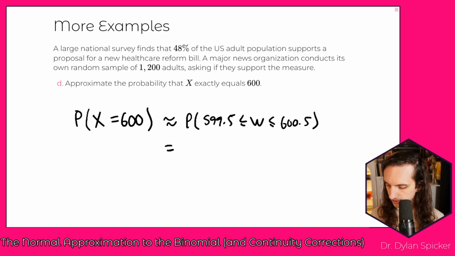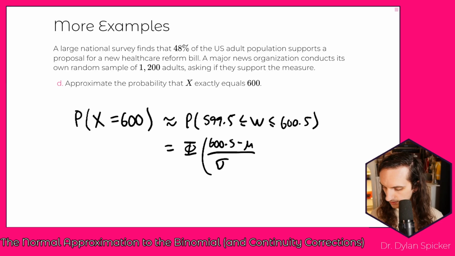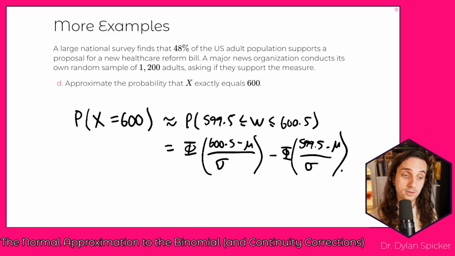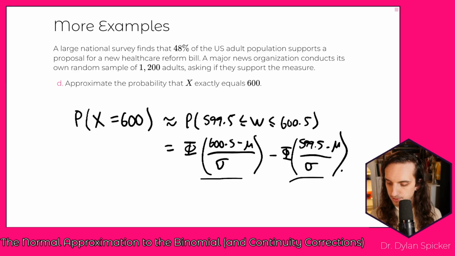Okay, and if you want to calculate this using W, we can use our normal probability calculation technique. So that's going to be the upper bound, standardized, minus the lower bound, standardized. Now this difference in mu could be calculated using our normal probability calculator.